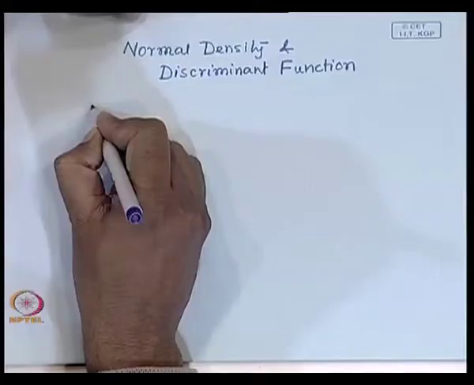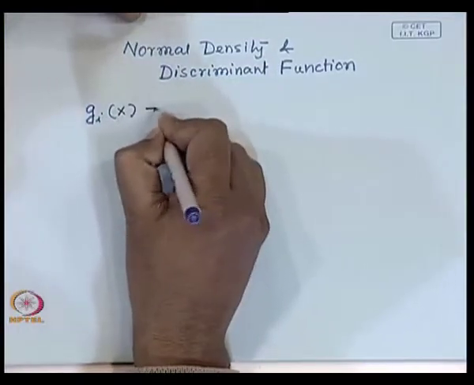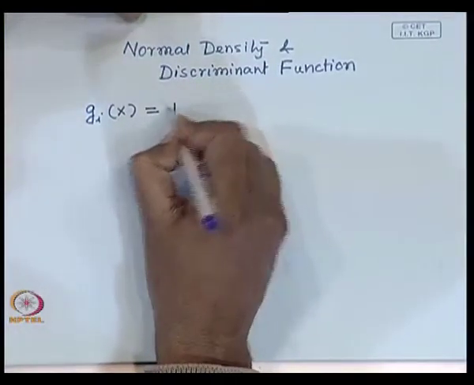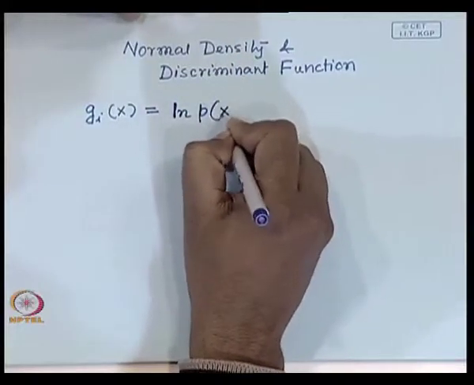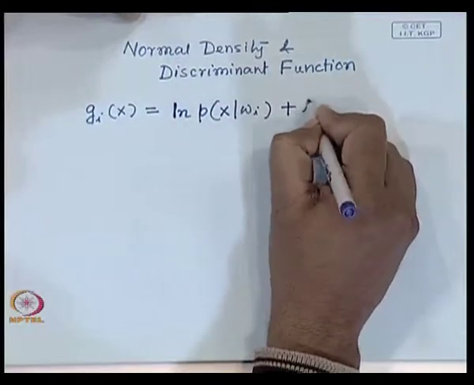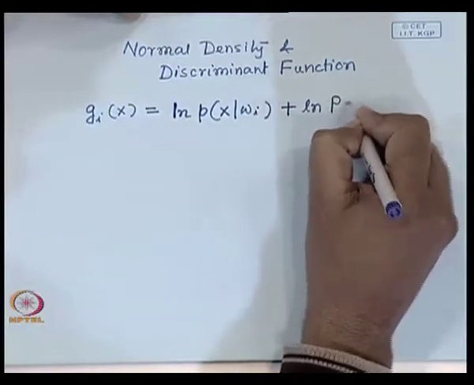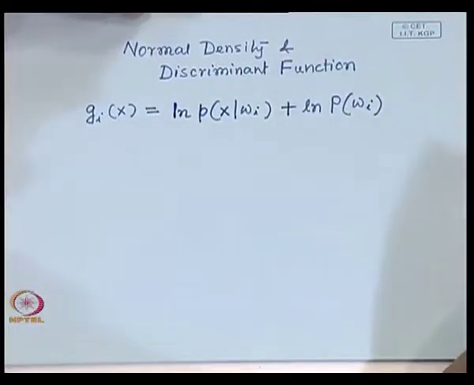So, in the last class we said that the discriminant function is given by g_i(x) = ln p(x given omega_i) plus log of a priori probability, that is p(omega_i), where omega_i is the ith class.